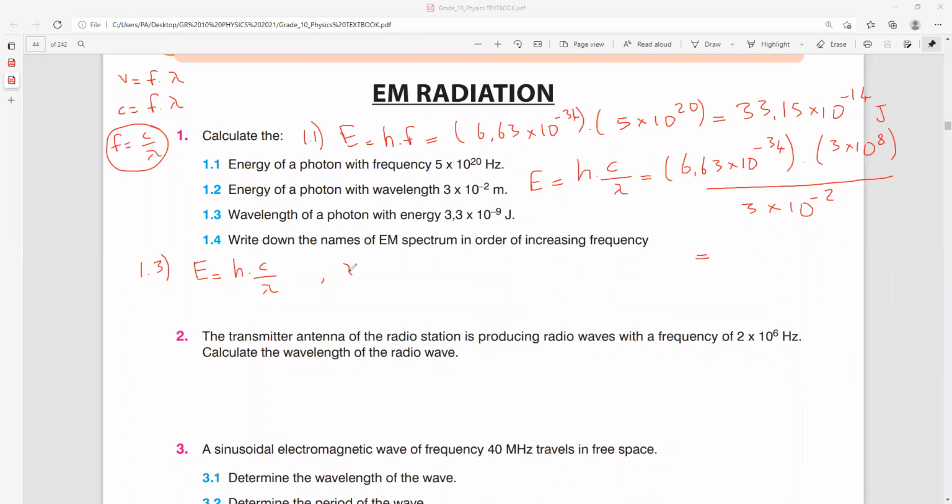All right, wavelength equals hc over E, just like that. You are writing down, and then h is 6,63 times 10 to the power of negative 34, times 3 times 10 to the power of 8, over energy is 3,3 times 10 to the power of negative 9 joules. Just you're calculating like that.